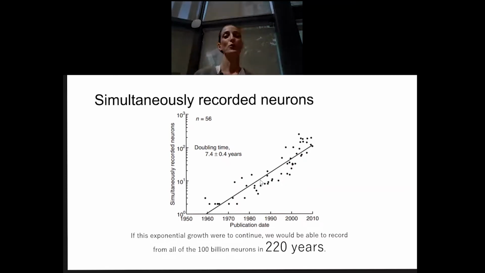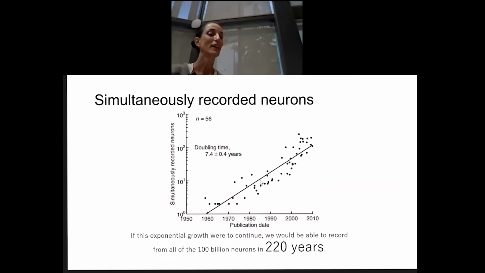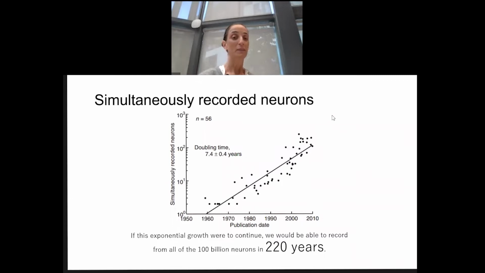So what are our alternatives then? The alternative is looking at different animals, not humans, right? We could record many more neurons, but with the technology at the moment, we can record a few thousands, a few hundreds of thousands, something like that.